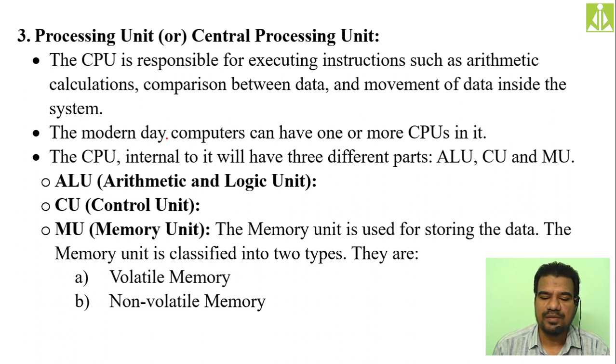So performing arithmetic operations, comparisons between the data, and movement of data, everything will be done by the central processing unit only. Simply remember one thing: without the involvement of the CPU, no single task will be performed inside your computer. All the tasks that the computer performs, definitely there is a role of your CPU. Ultimately your CPU has its involvement in every single processing.